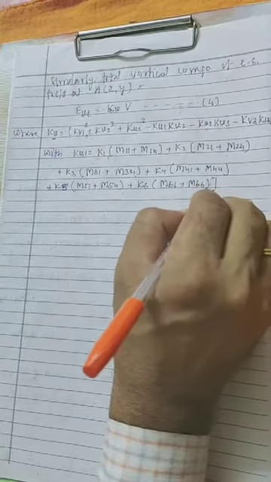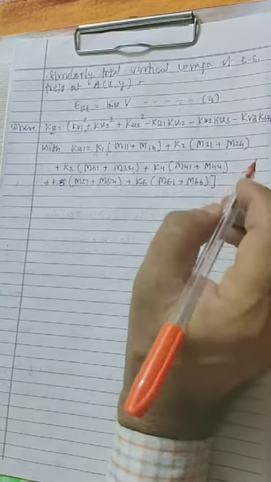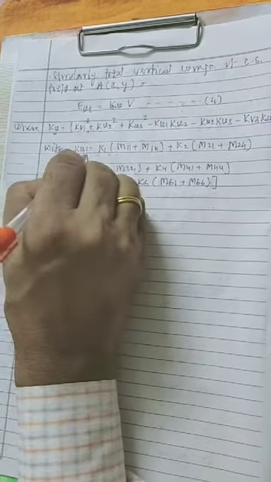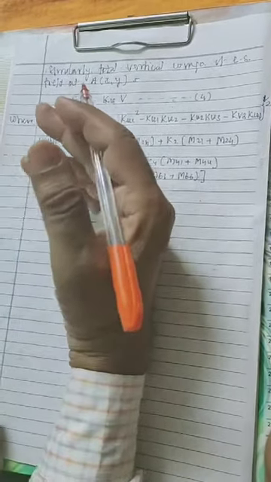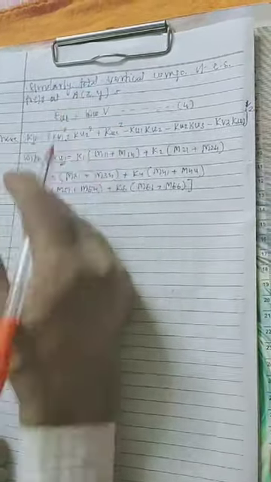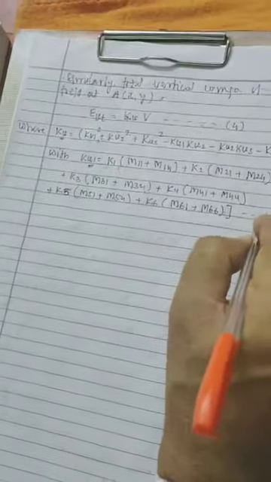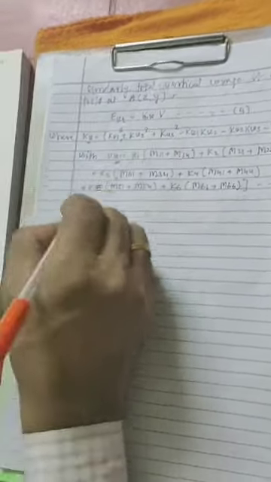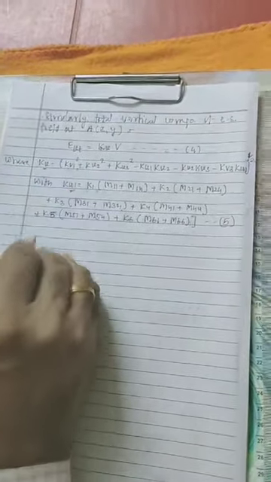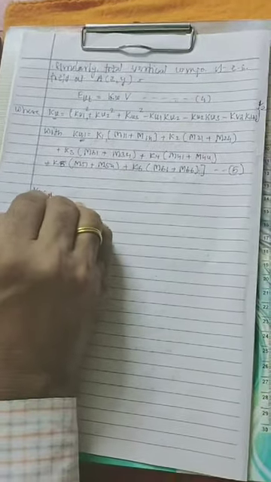So this way we have to determine KV1, then KV2, then KV4, and like this. So this is equation 5. This is for KV1, and this is for KV3.